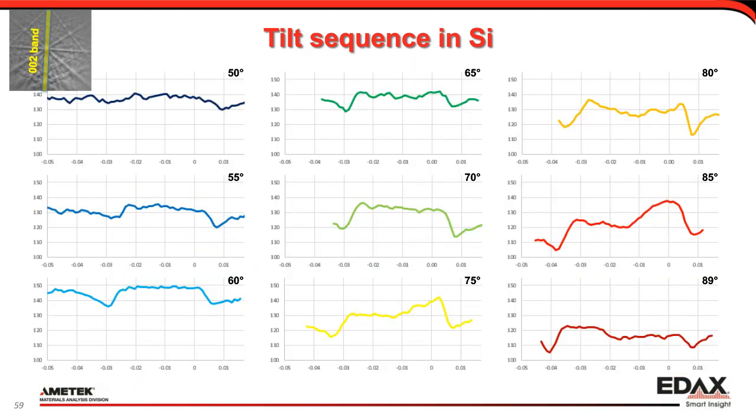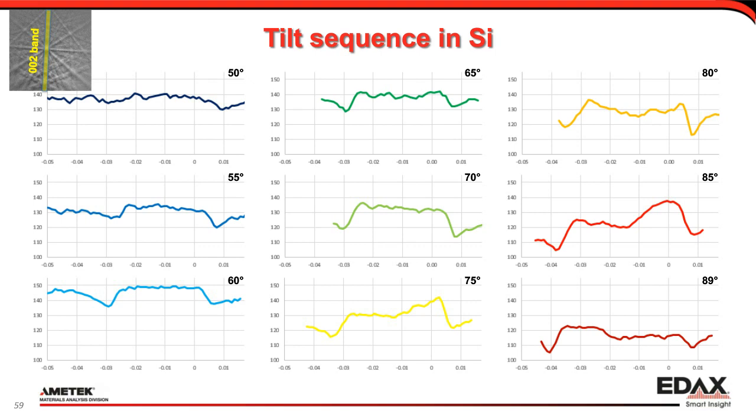And just to qualify that a little bit, this is the band profile of the 002 band. So at 50 degrees, there's almost no contrast. You can see the band growing to 55, 60, 70 degrees. Then at 75 to 80, you get a lot of internal contrast. So you start to get a lot of details in the bands.